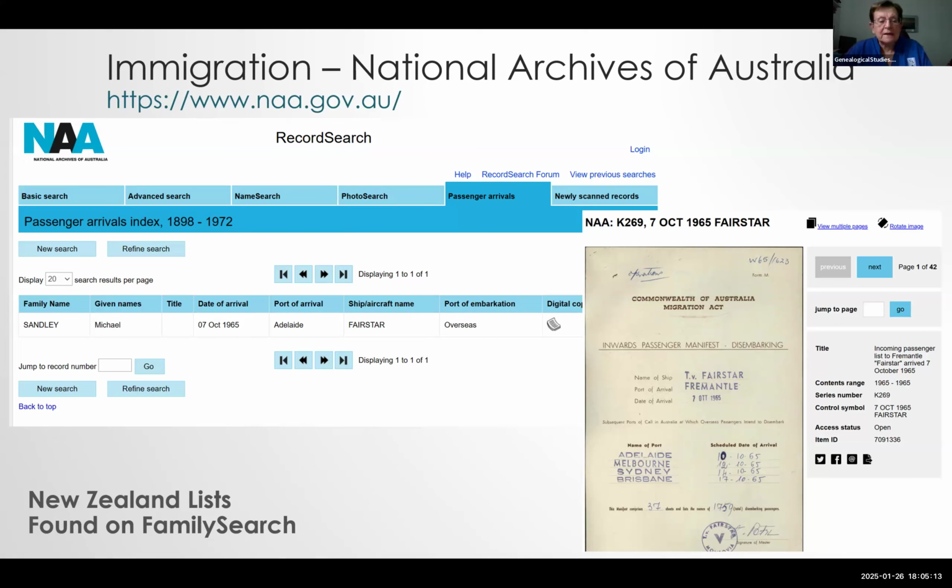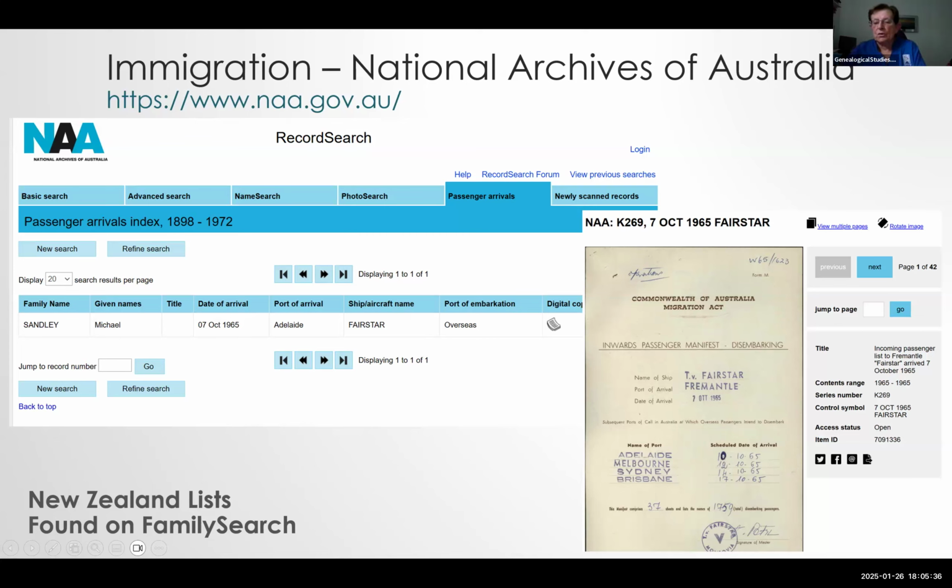Their port of arrival was Adelaide on the 7th of October 1965. The ship they came in was the Fair Star. And if you look beside here, it says digital, so a digital copy of the passenger list is available. And there we are, that's what I've brought up here.